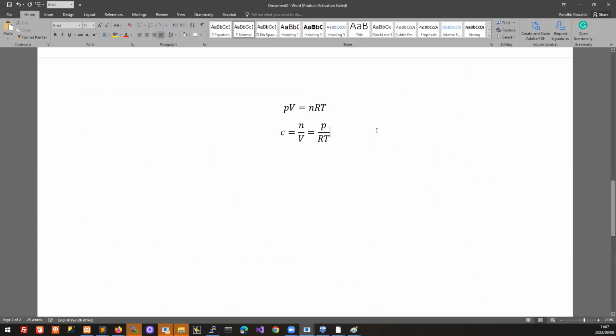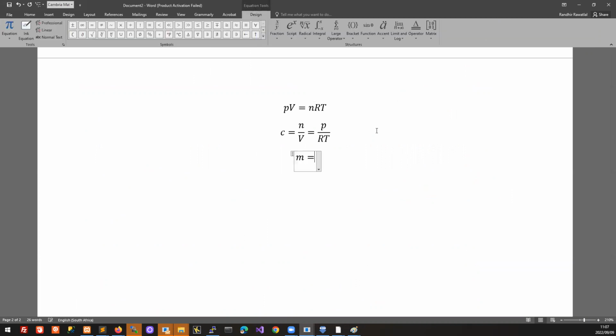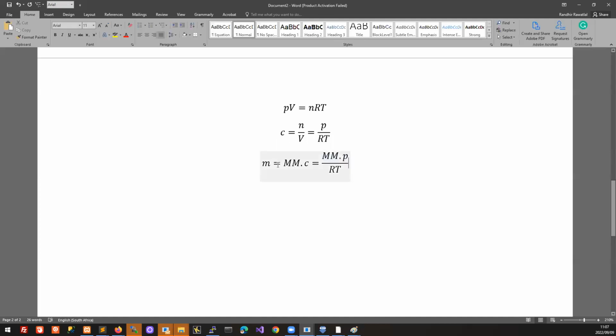So that's concentration. And then to get the mass, mass equals molar mass times concentration, so that's the molar mass times P over RT. Is that mass? This is really density because there's a 1 over cubic meters here. So density equals that.